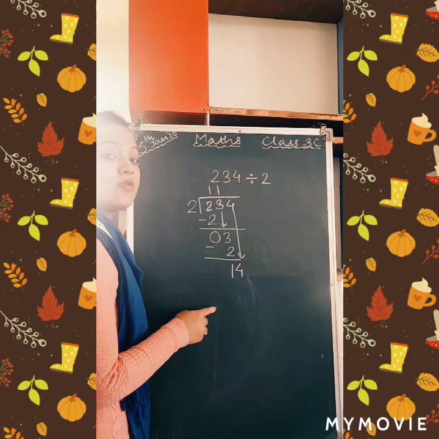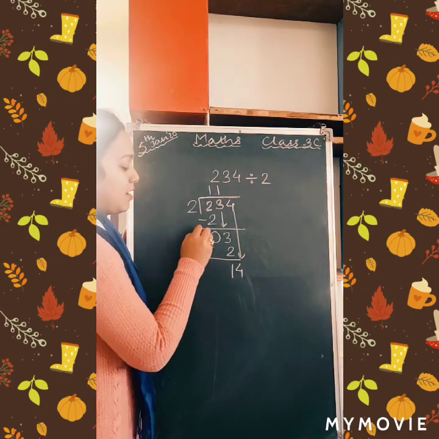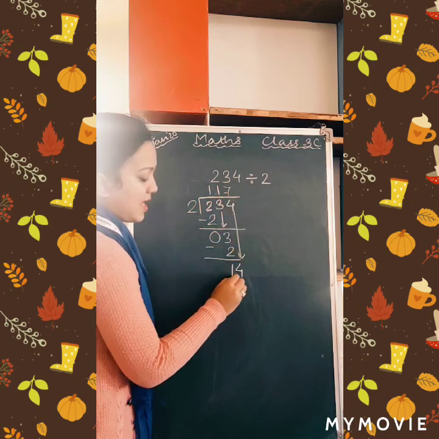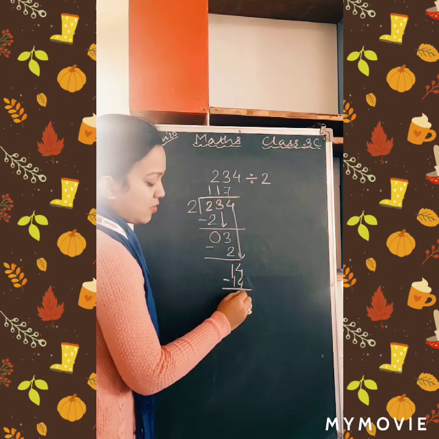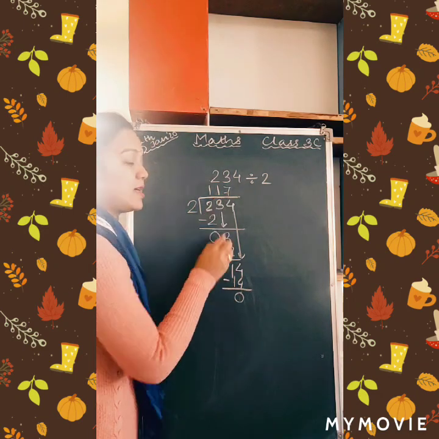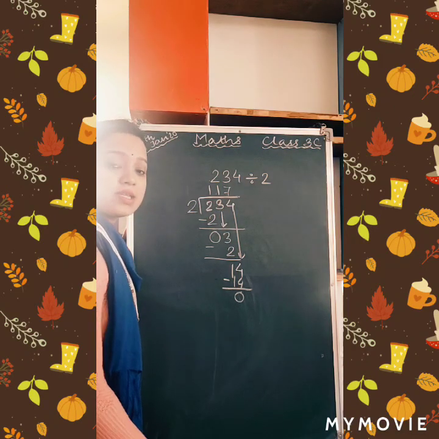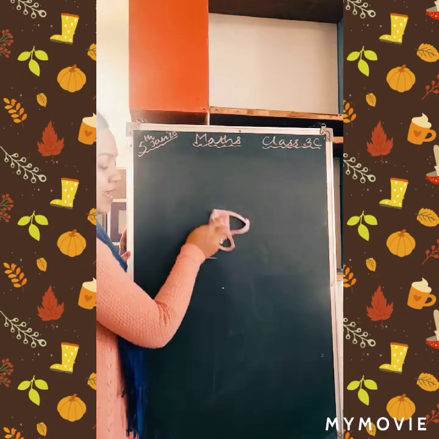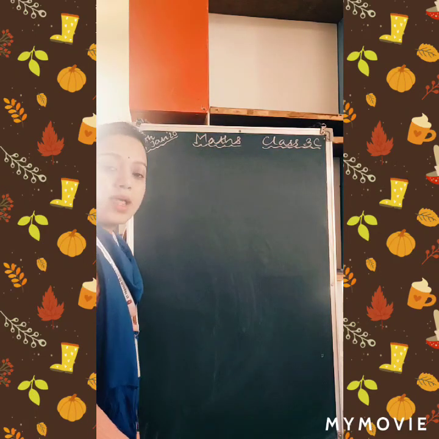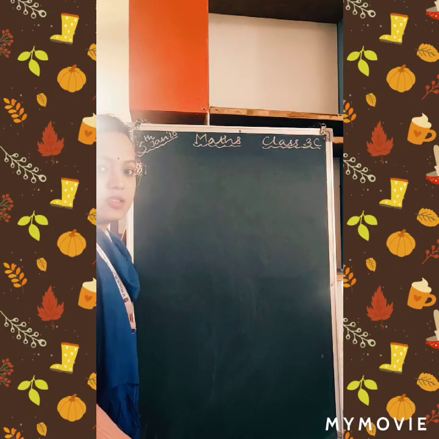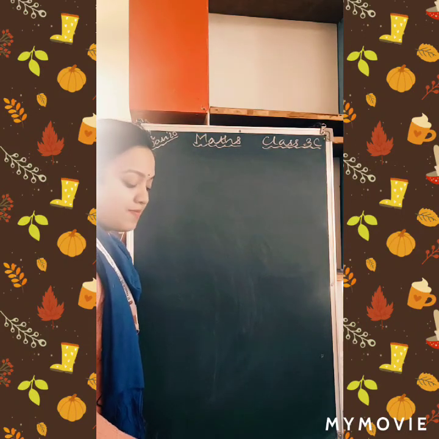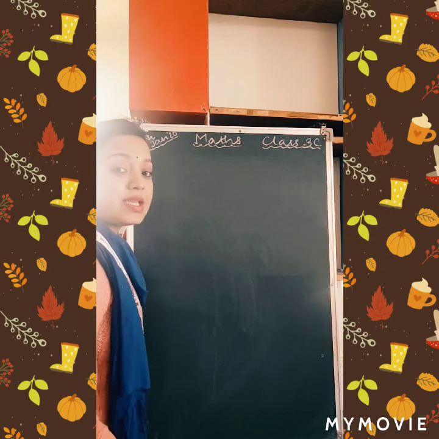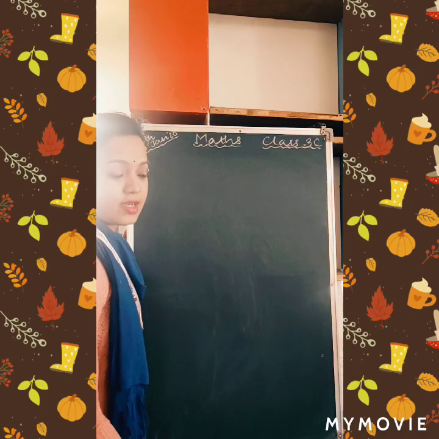You have to bring down one number at a time. Now 2 sevens are 14, so you get 0. So your remainder is 0 and your quotient is 117. In this way, we divide a two-digit number by a one-digit number and a three-digit number by a one-digit number. Now we will see the word problems based on it.